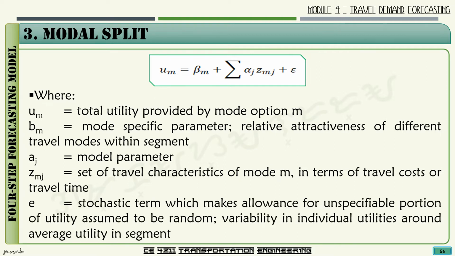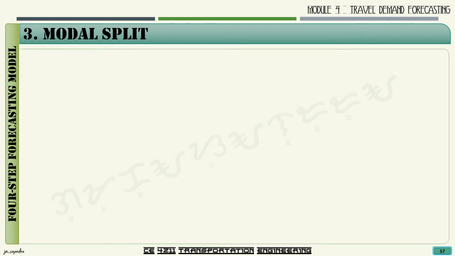And epsilon is our stochastic term, which makes allowance for an unspecifiable portion of utility assumed to be random, so the variability in individual utilities around the average utility in a segment.